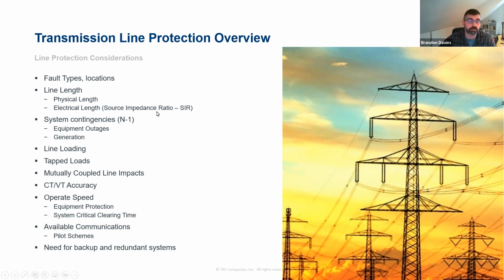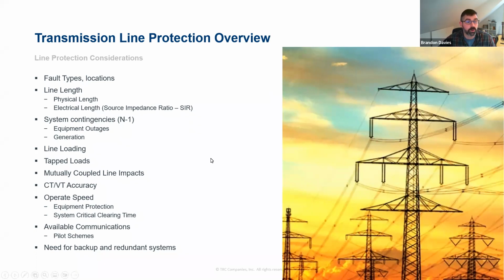And there's also a factor of the source strength behind it as well, which drives the SIR, the source impedance ratio, which is what we call the electrical length of the line. So there's some other considerations we'll have to think about when we're looking at that.